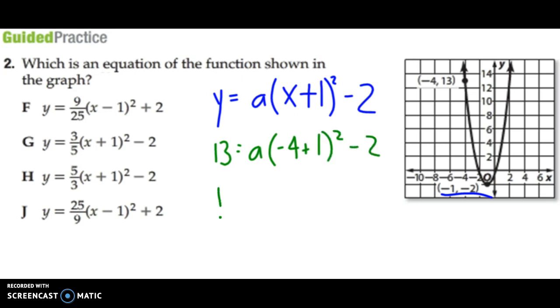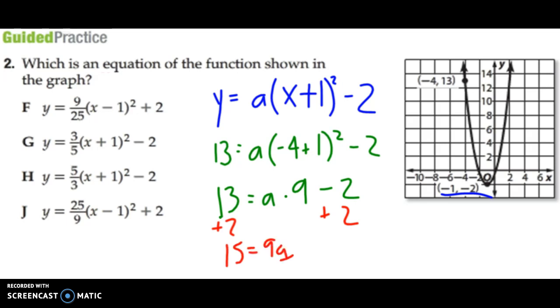So 13 is equal to a times -4 plus 1 is -3 squared is 9, minus 2. I add 2, and I get 15 is equal to 9a. Divide by 9, divide by 9, and I find a is equal to 5/3.